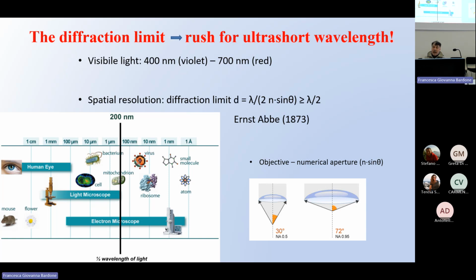And now with a modern electron microscope, you can see atoms directly. This means the wavelength you are using in your electron microscope is smaller than the atom. So you don't have to think about the diffraction limit because the wavelength is much smaller than the object.